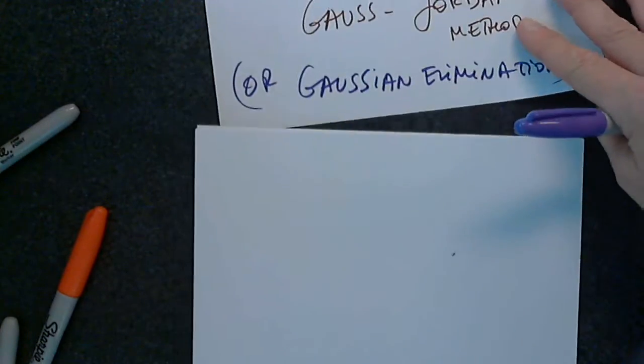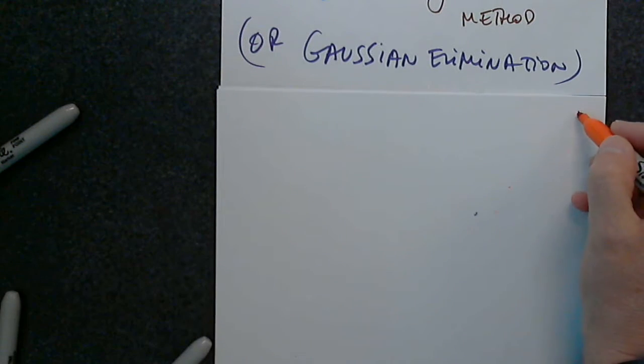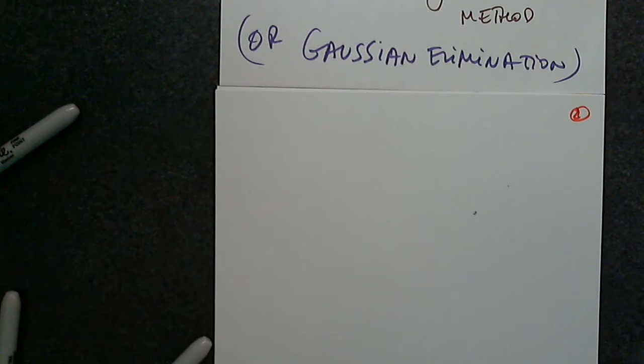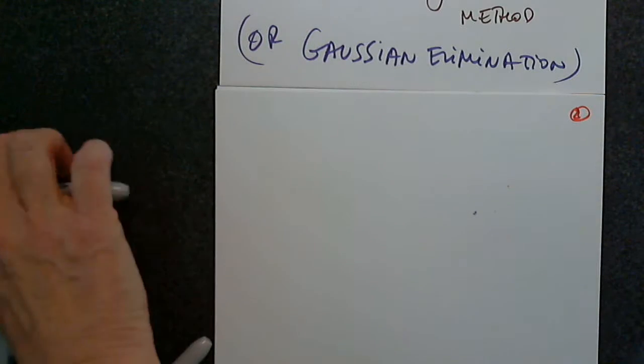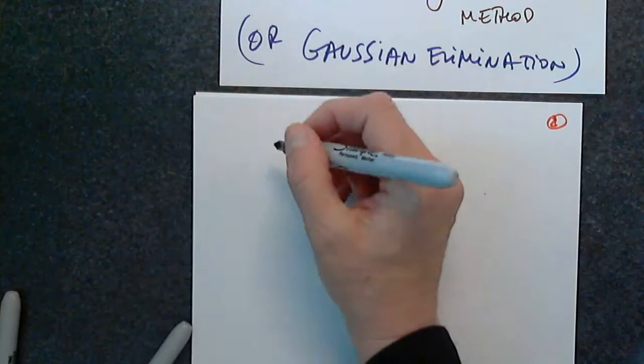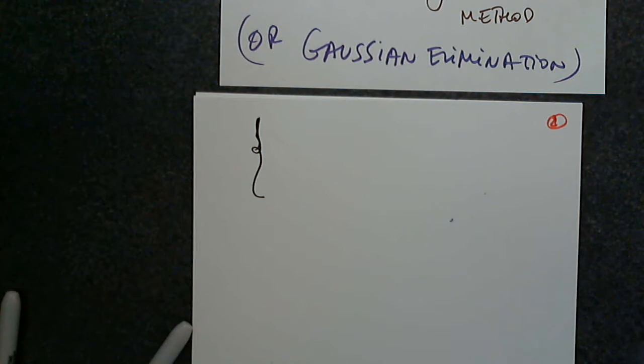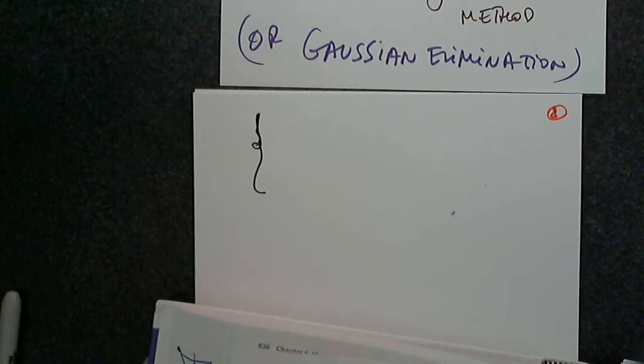Before we even talk about anything, we have a lot of preliminaries to discuss. Number 1, I'm going to copy a system. The system will have 3 variables. It will be a linear system.